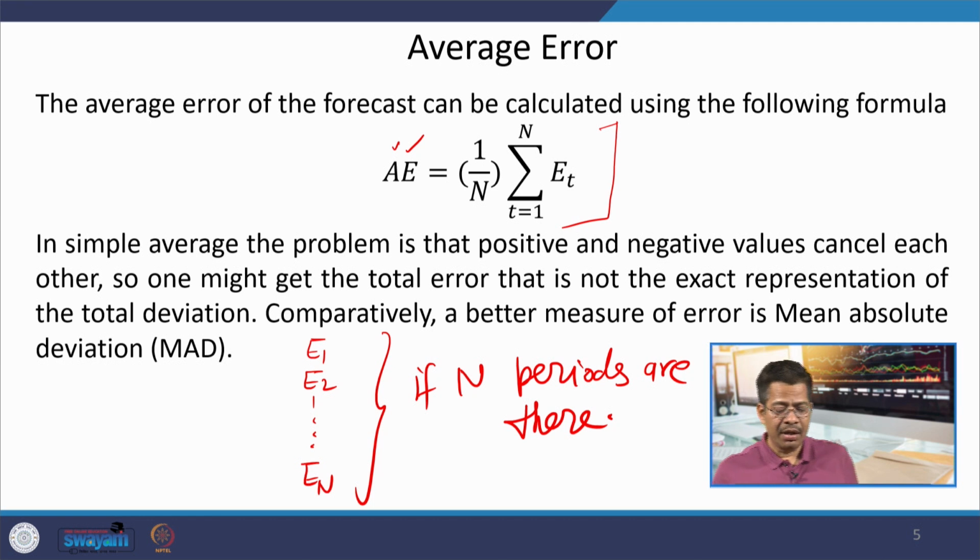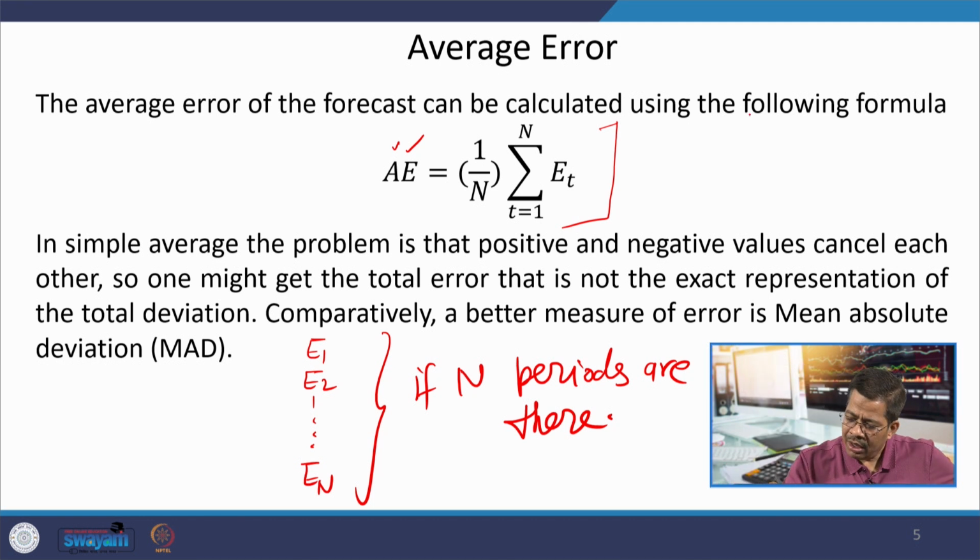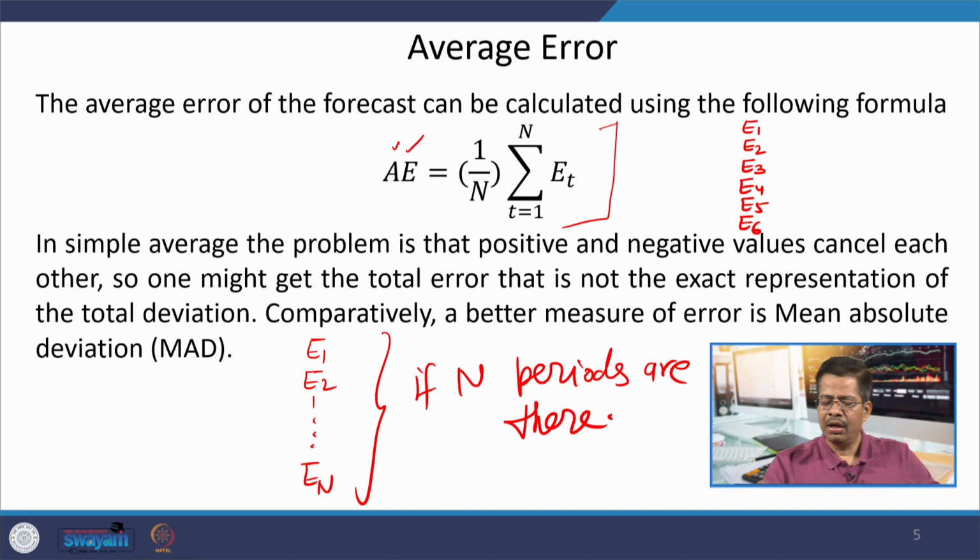Why? Because it is quite possible, let us say I have 6 periods. In one period it is plus 50, another period it is plus 100 forecasting error, another period it is plus 75, then it is minus 100, minus 50 and minus 75.